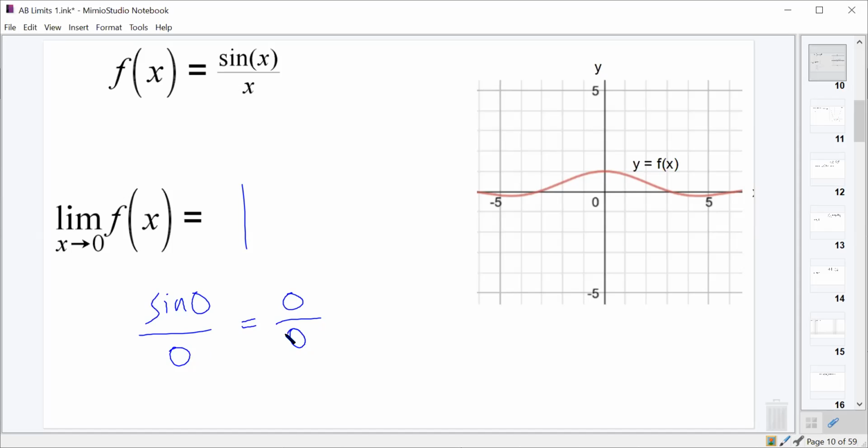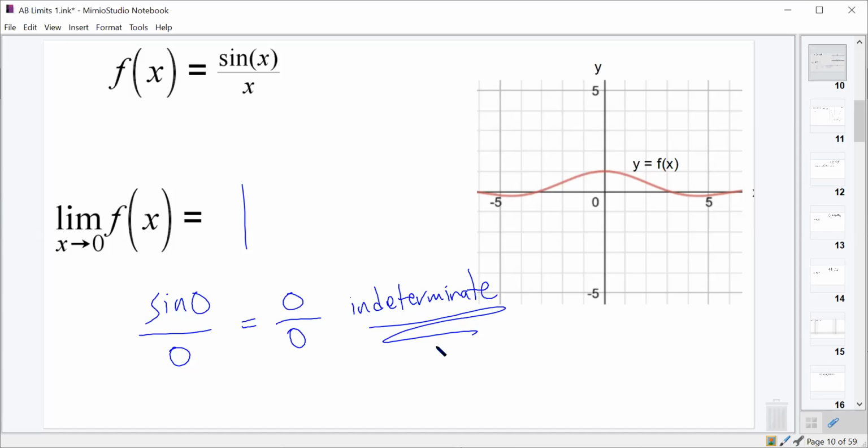So we've ended up with this thing that is 0 divided by 0, which is an exceptionally important thing in calculus. This is called indeterminate. Anytime you end up with 0 over 0, we say that the limit is indeterminate. And there are other forms of being indeterminate, but the most important one that we're going to deal with the most is 0 over 0.